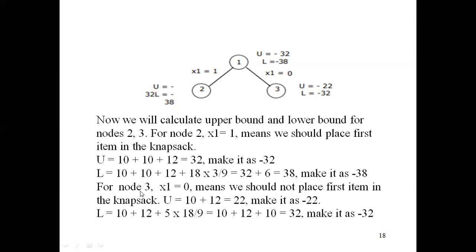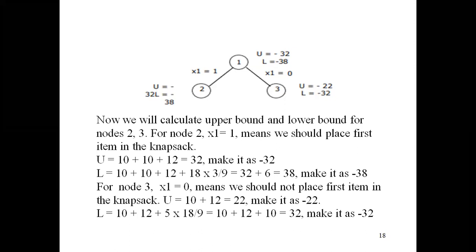So for node 3, now we need to calculate what is the upper bound and lower bound. x1 equal to 0 means we are not including the first item in the knapsack. So take the u value as the upper bound.